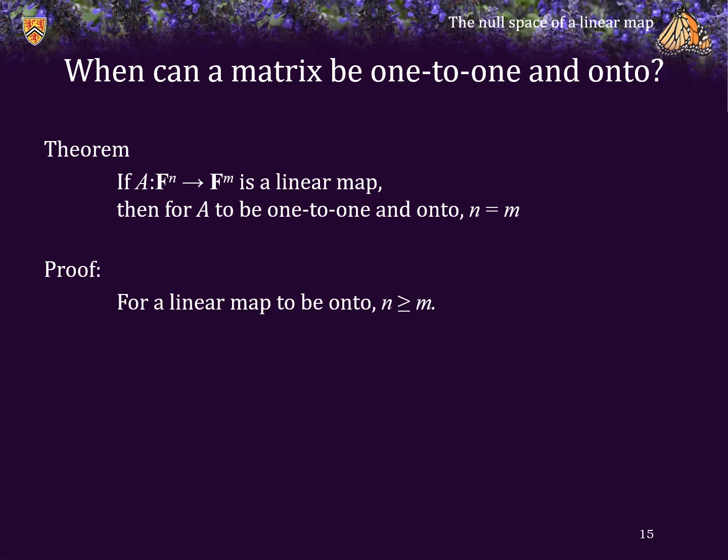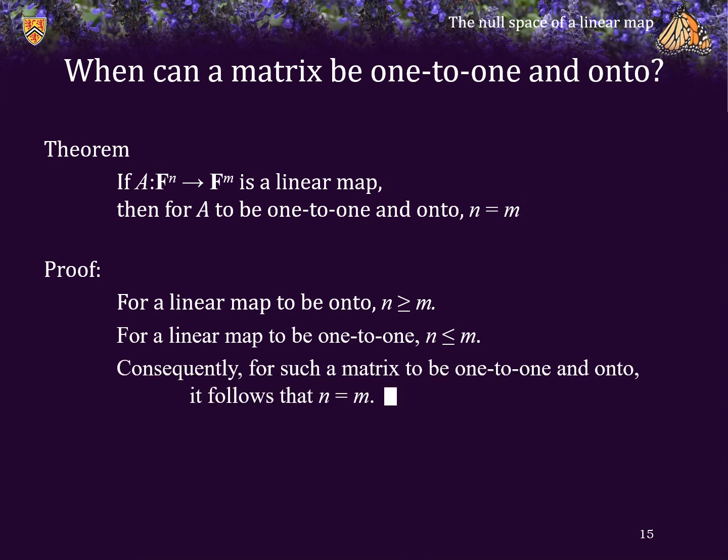Proof: for a linear map to be onto, n must be greater than or equal to m. For a linear map to be one-to-one, n must be less than or equal to m. Consequently, for such a matrix to be both one-to-one and onto, the only possibility is that n is equal to m.